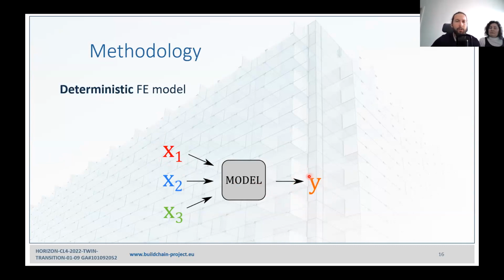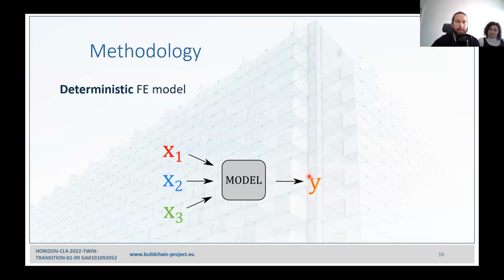And because we don't know the exact values of material properties, we maybe have some idea what the right values would be. Maybe we know that the density is 450 kilograms per cubic meter, maybe it's 370 or maybe it's 500, but we know that it's not 800 or 100.